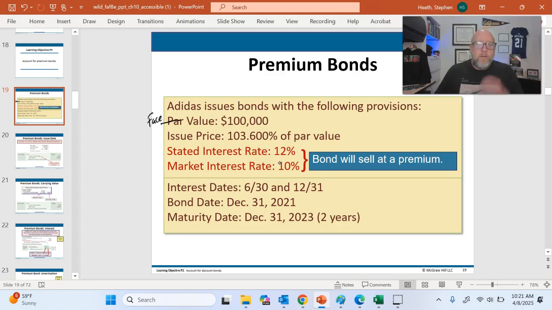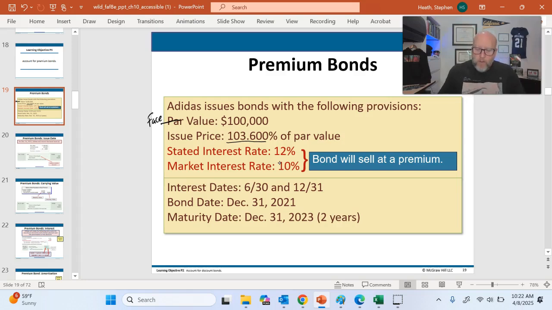In this example, we're going to sell the bond at 103.6% of the face value. And the reason investors would choose to pay more than the face value is because we are offering an interest rate that is greater than the market rate.